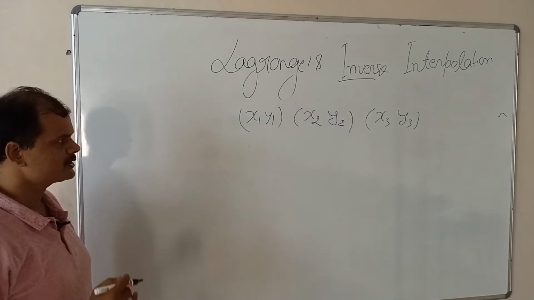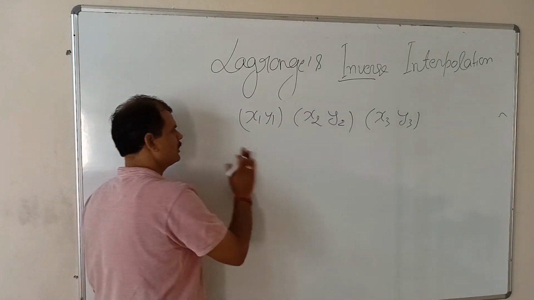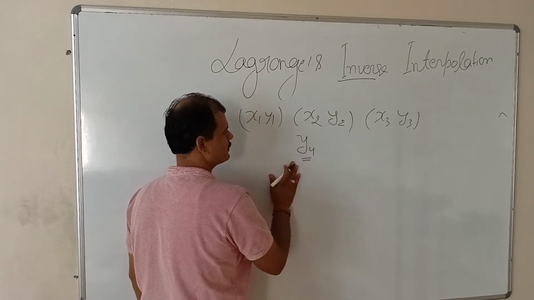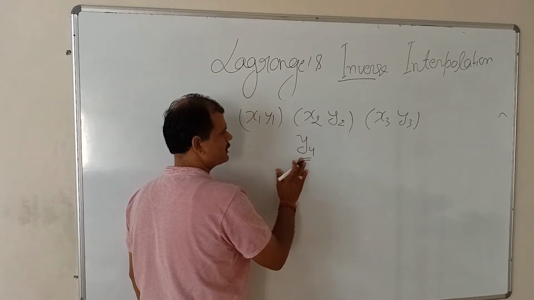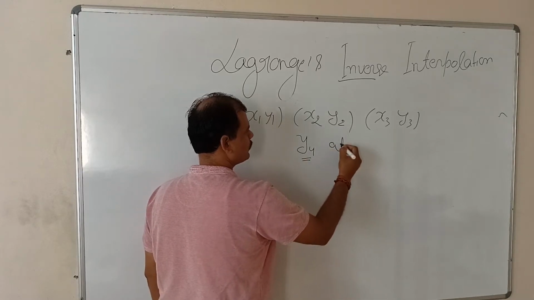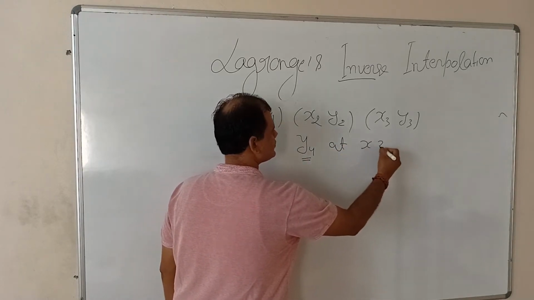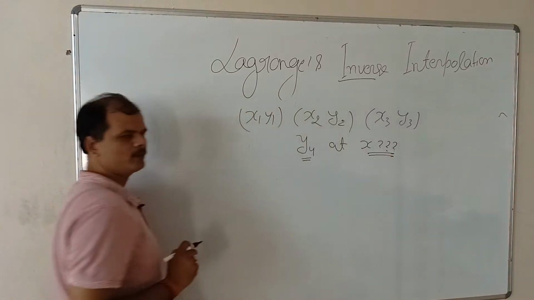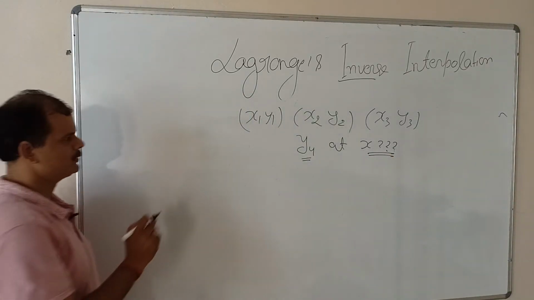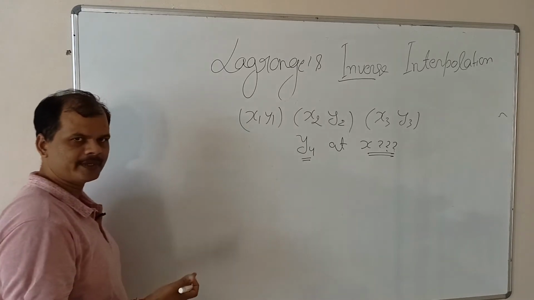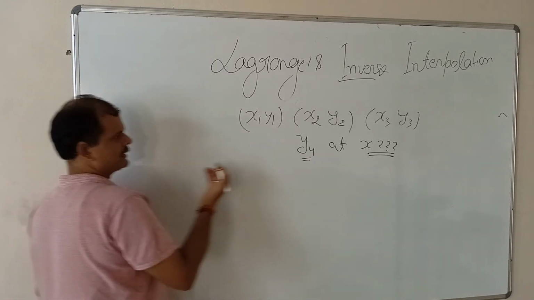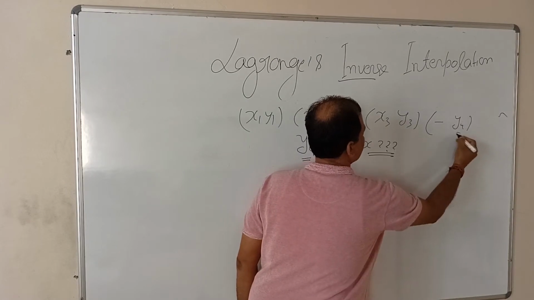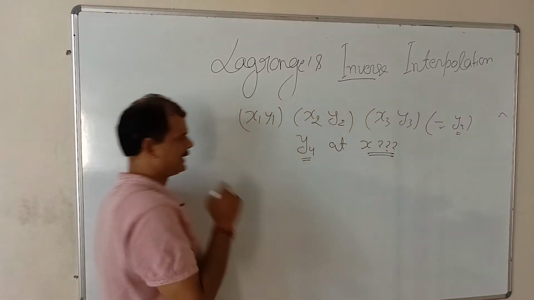So the question is, let y4 be given. At what value of x is the value y4? So what we do is approximate the polynomial. Y4 is given, we need to find the x here.